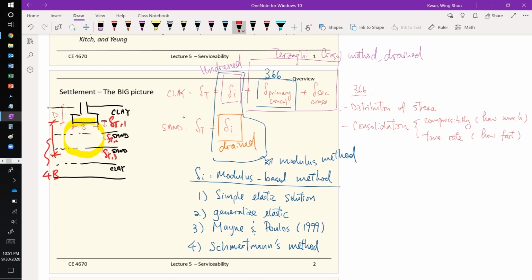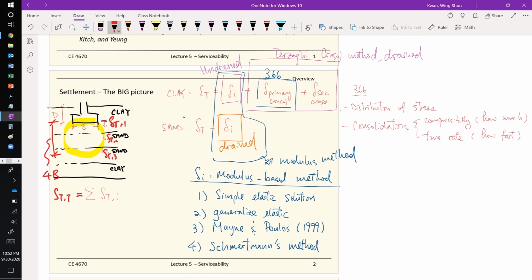After you find the settlement for each layer, you can find the total of all layers. So the total settlement for the whole site is the summation of the total settlements of the layers within the influence zone, which equals the summation of all these layers.